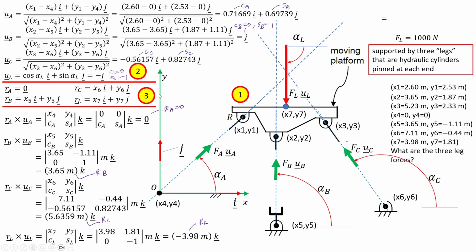Third thing was we got our position vectors to the line of action of our forces. The fourth thing is we got the moment of the unit vectors and labeled them as RA, RB, RC, RL for the signed magnitudes.